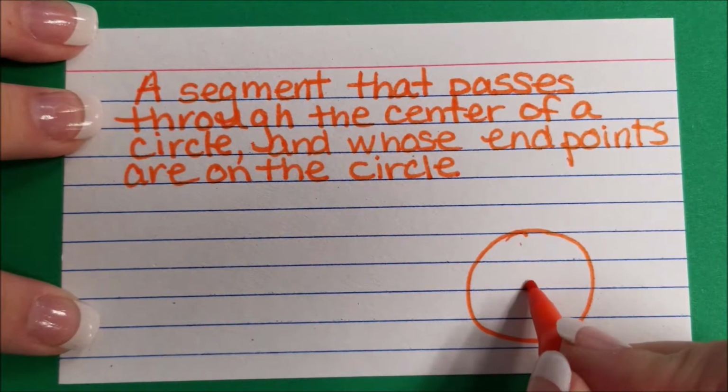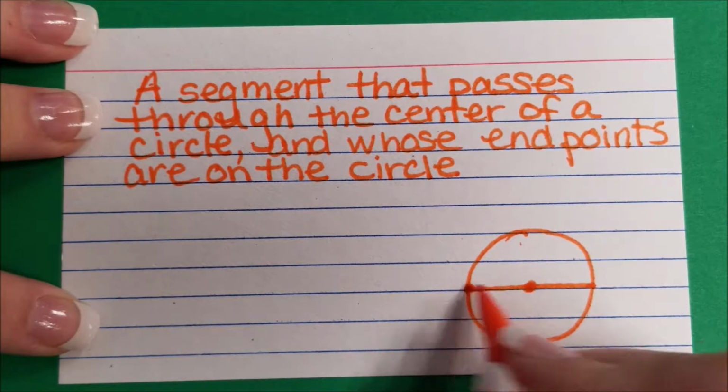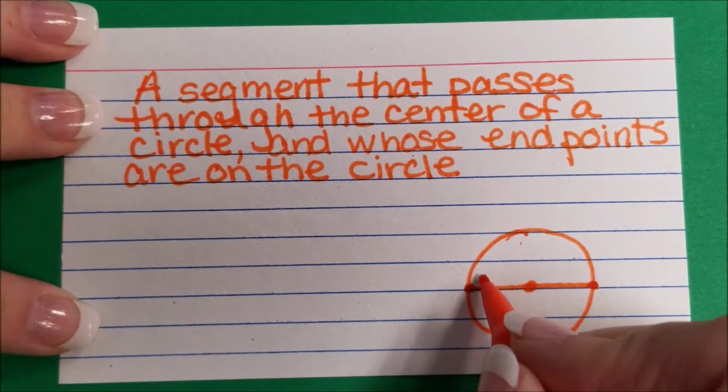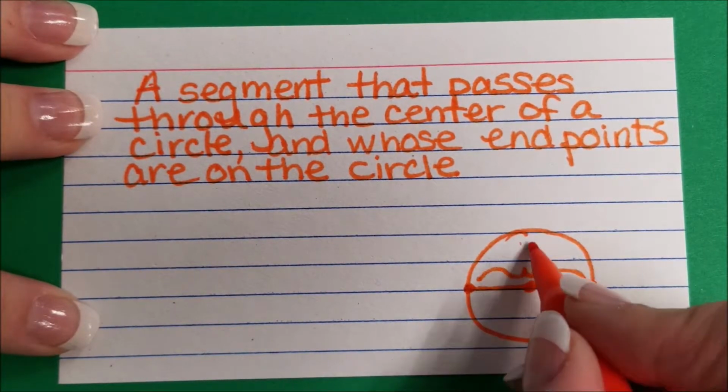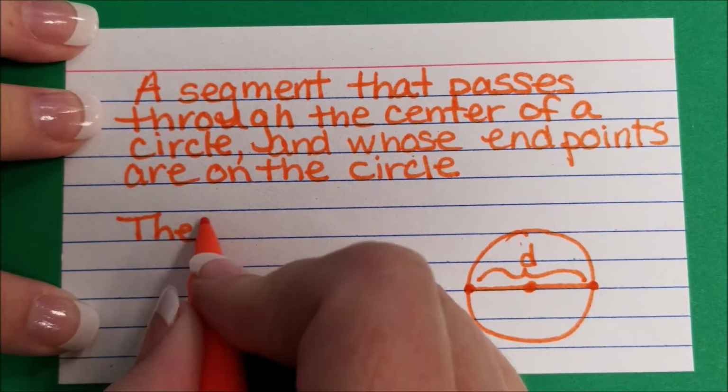So we have a center, and we're going to pass through there. So the endpoints are on the circle, and the length of that segment is the diameter.